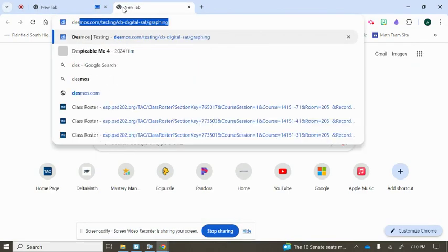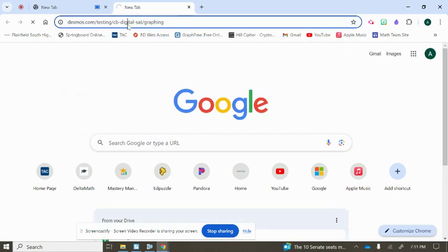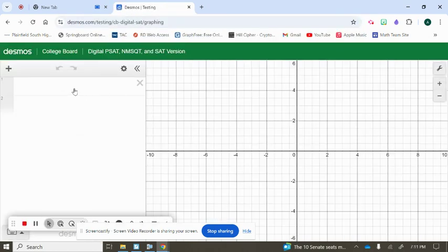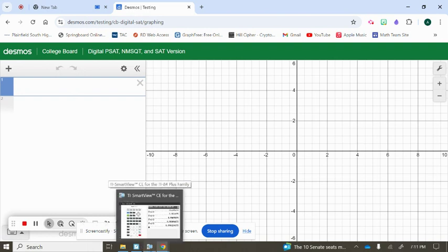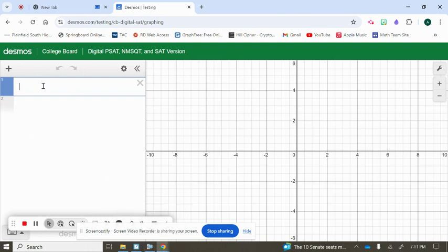Well, if we check out Desmos right now, we could look at that one. In this particular series, our formula would be our first term, 36, our r value of 1/3, and then we would say to the n minus 1, or in this case, x minus 1 power.